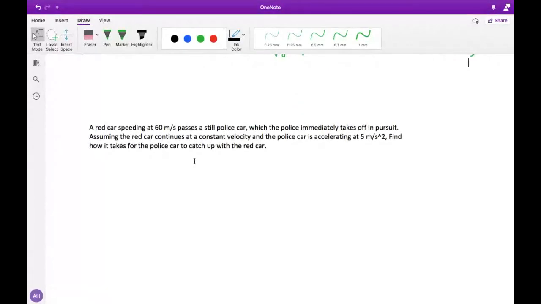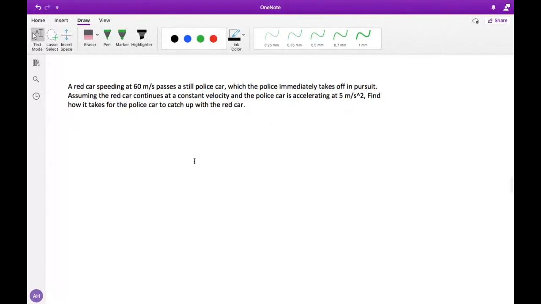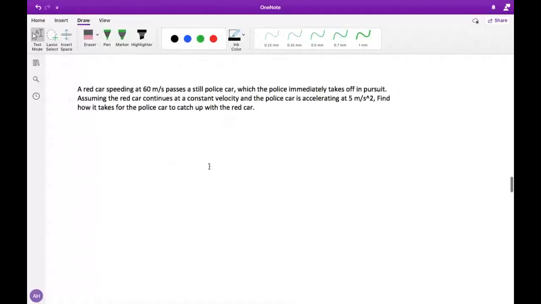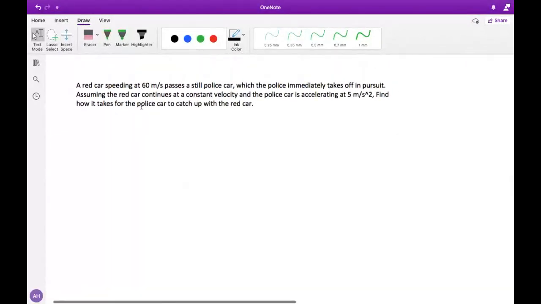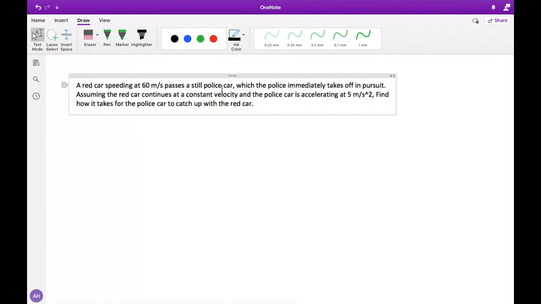I'm actually going to skip this example because it's going to take a bit of time. But if you want to do it later, I'll read it for you. It says a red car is speeding at 60 meters per second and passes a still police car, which immediately takes off in pursuit.